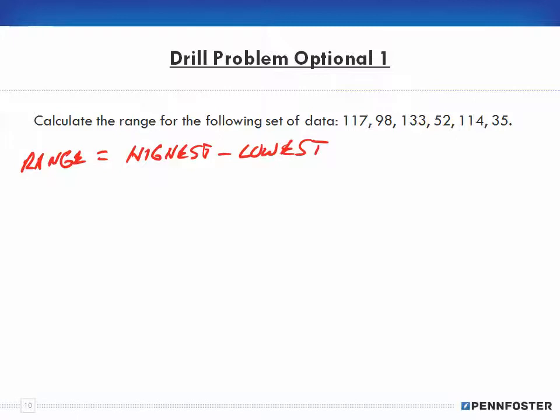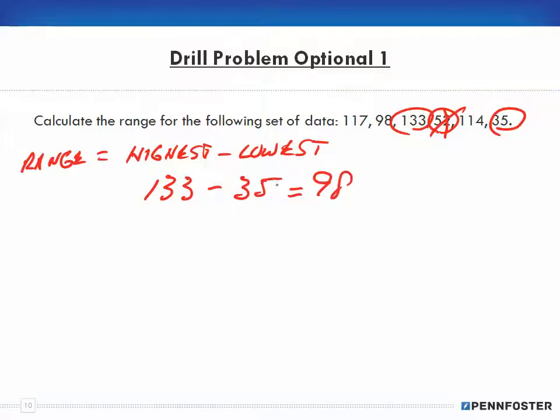The highest value is 133. And what's my lowest one? It's 35. So 133 minus 35 makes my range 98.